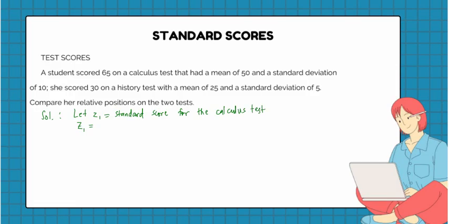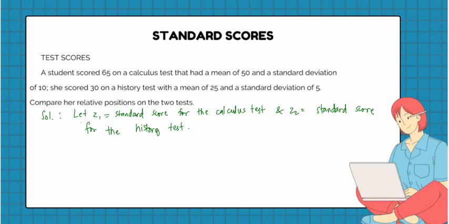And z sub 2 be equal to the standard score for the history test. So again, in any problem solving, you always make use of the given.